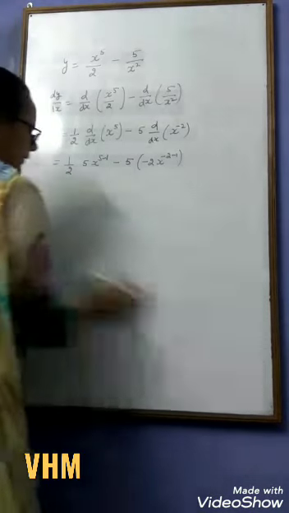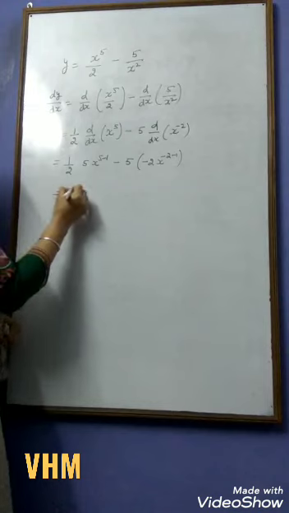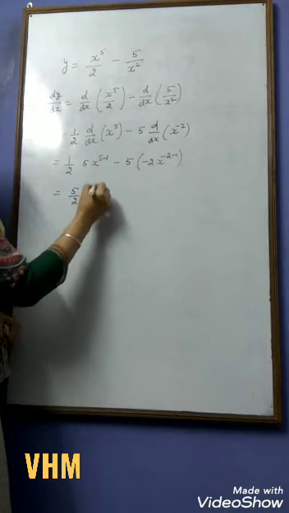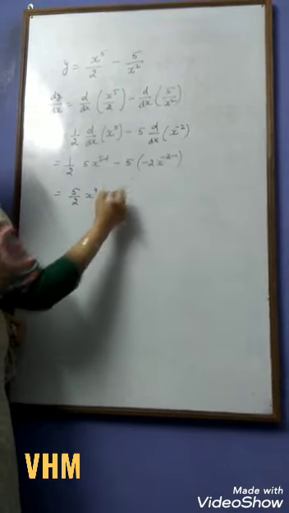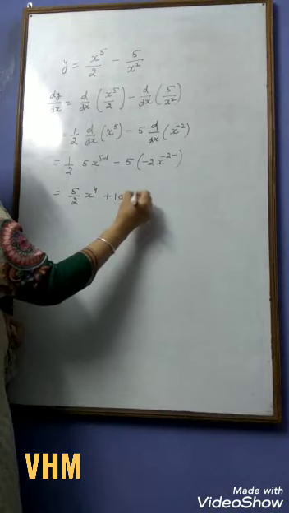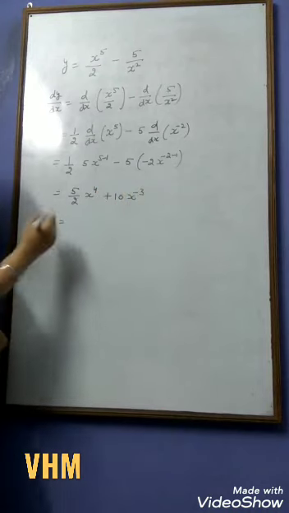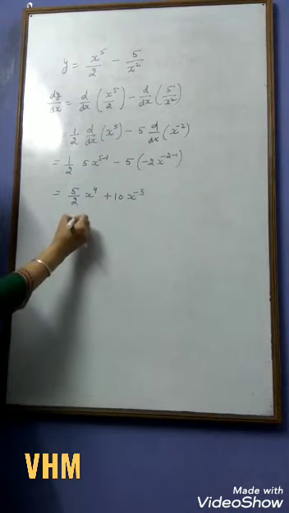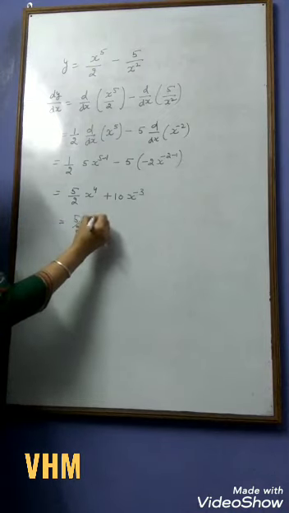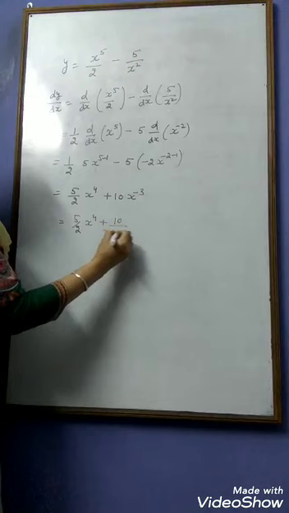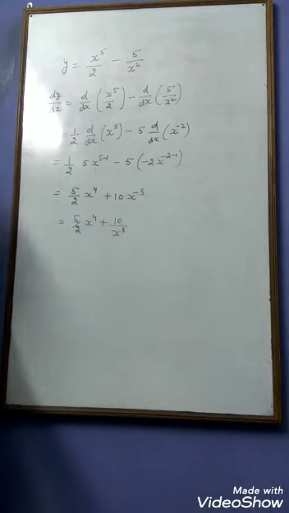The next is (5/2)x^(3/2) plus 10x^(-3), or you can write it like this: (5/2)x^(3/2) + 10 upon x³. This is called the derivative.